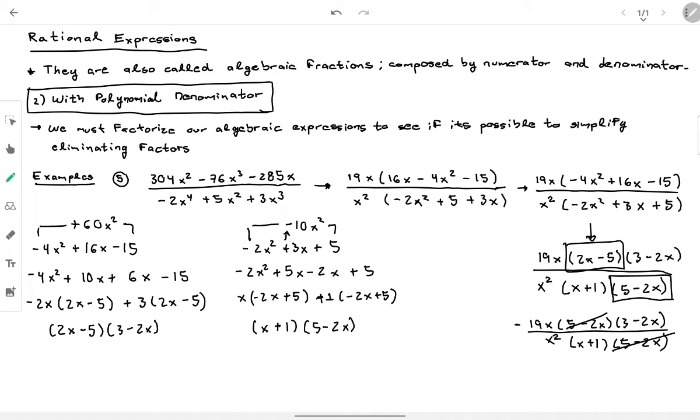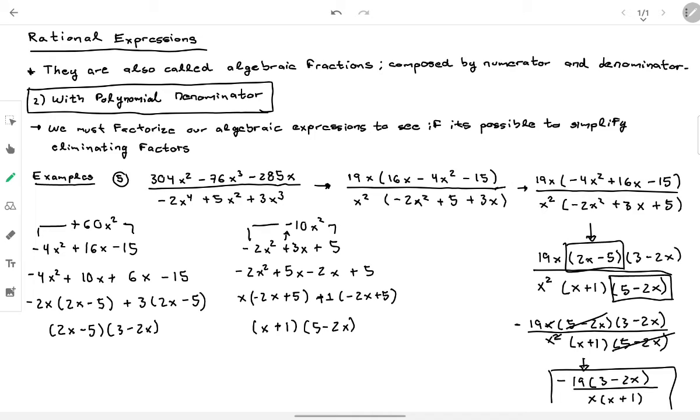Our final answer is going to be, of course, the x squared with the x. So our final answer is going to be minus 19 that multiplies 3 minus 2x, all of it, divided by x that multiplies x plus 1. And that will be our final answer.